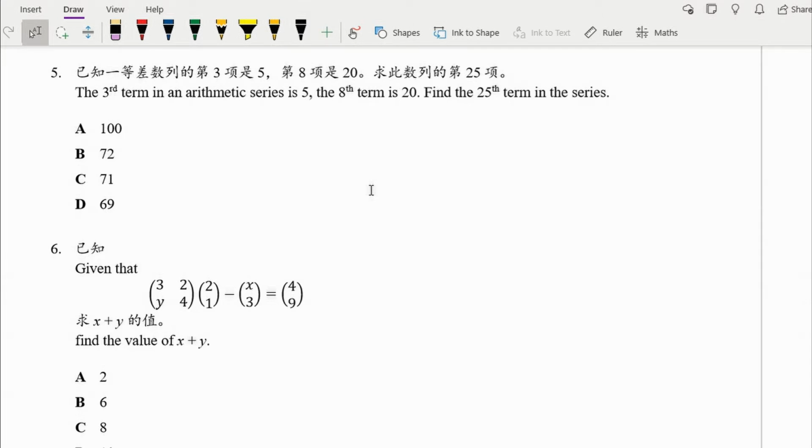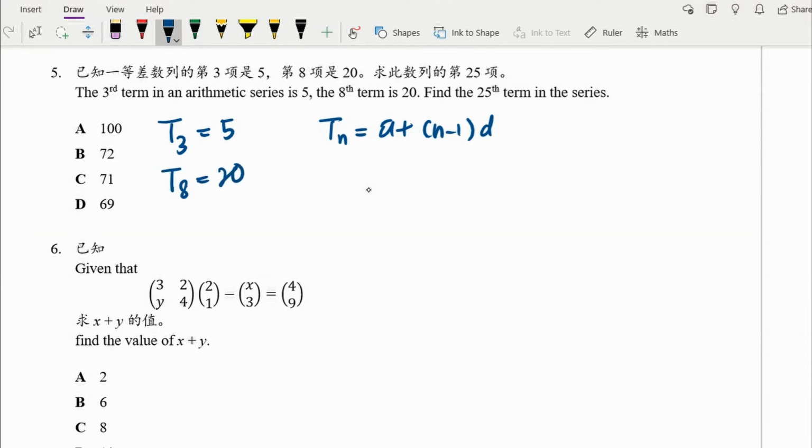Your formula Tn for arithmetic progression is a plus n minus 1 d. So because you know that T3 is 5 and T8 is 20, you can actually form two simultaneous equations and solve for A and D. Then you can find your T25.